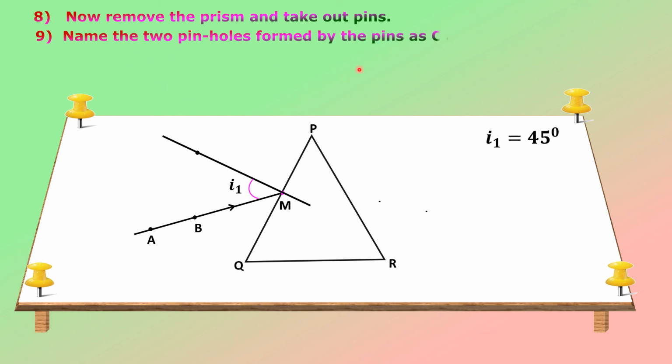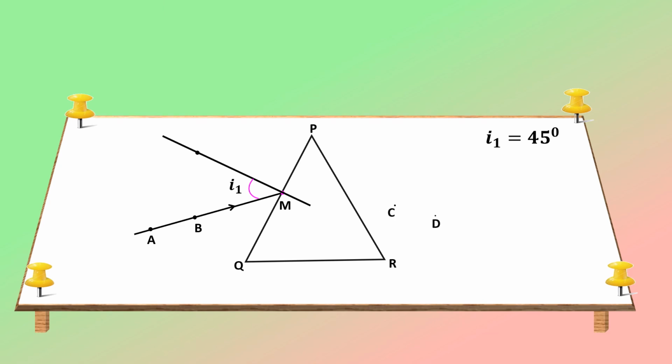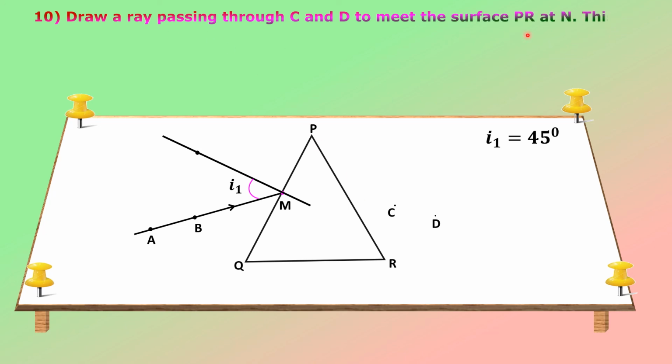Name them as C and D. Next, we have to draw a ray passing through C and D to meet the surface at N. This ray indicates the emergent ray. Let us draw it.